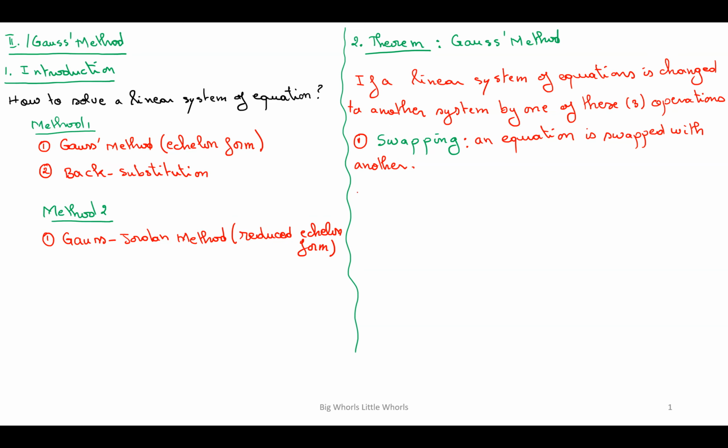The second operation is called rescaling, or multiplying by a scalar. Okay, so let me define what we mean by rescaling.